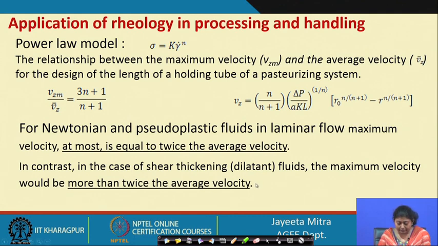So, the length of the holding tube we need to design, or the residence time we need to provide, must be such that all the fluid will be exposed to the proper temperature of the pasteurization. Therefore, the understanding of rheology of different fluid food is very important.